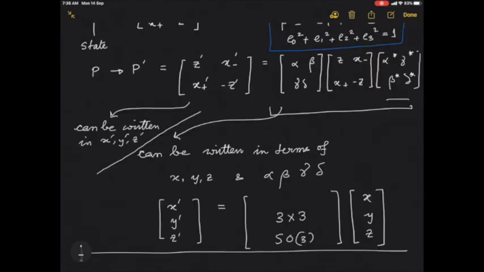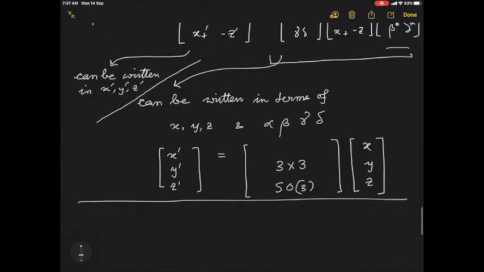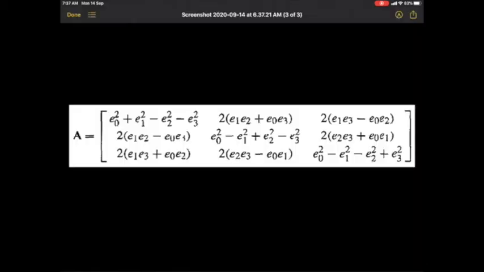Just like I got this SO3 matrix written in terms of the alpha, beta, gamma, deltas, I can write this in terms of E0, E1, E2, E3 also. That is possible because I have defined them. And this is how it looks in terms of E0, E1, E2 and E3.